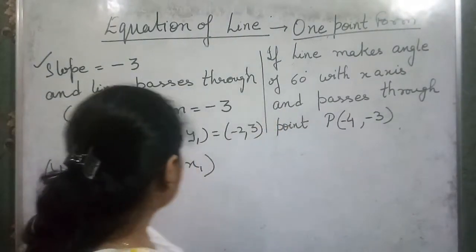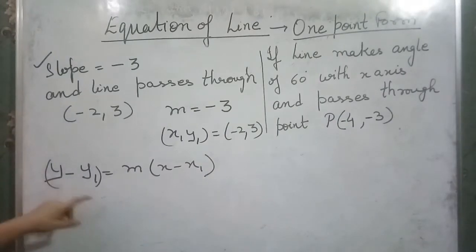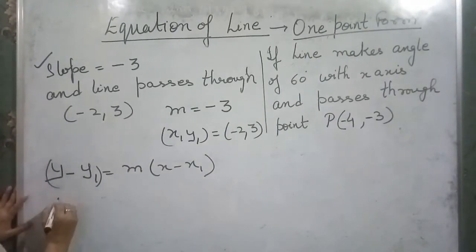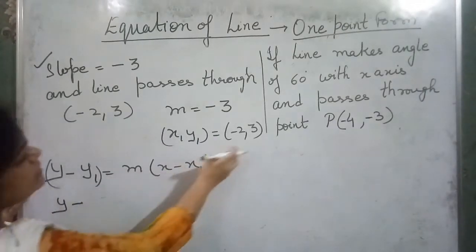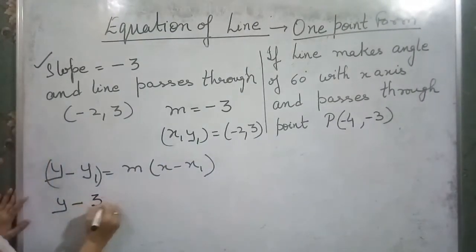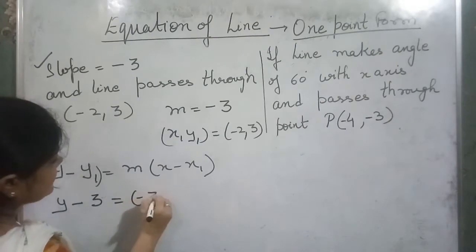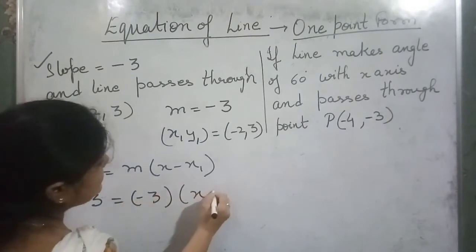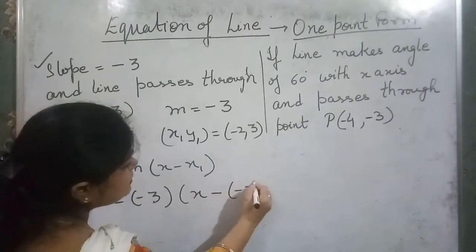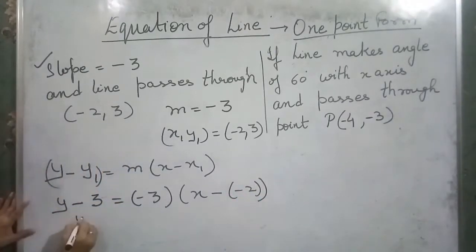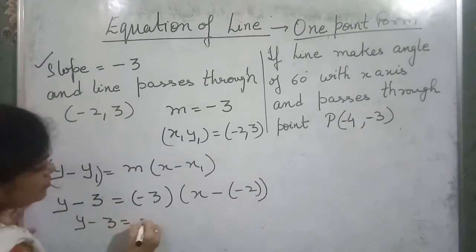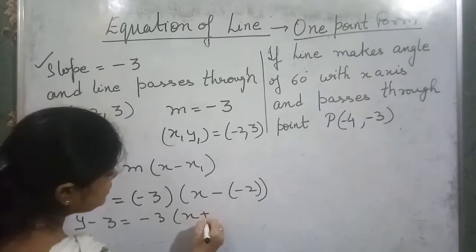Now this is the second formula when one point is given. After putting the values here, we get y minus y1. What is y1? That is 3. And what is the slope? That is minus 3. X minus x1. That is minus 2. Clear? Now y minus 3 is equal to minus 3 times x plus 2.